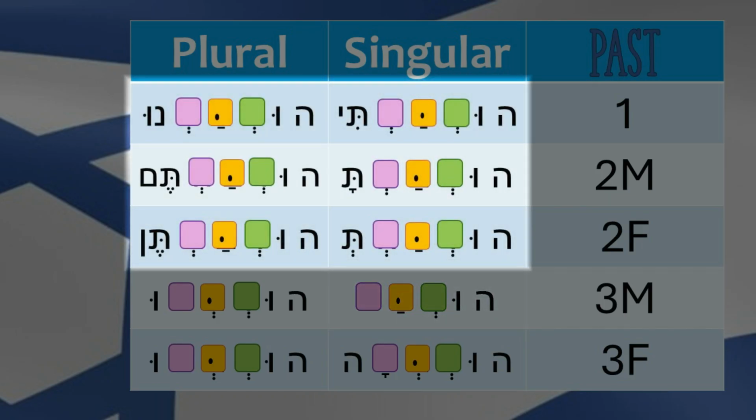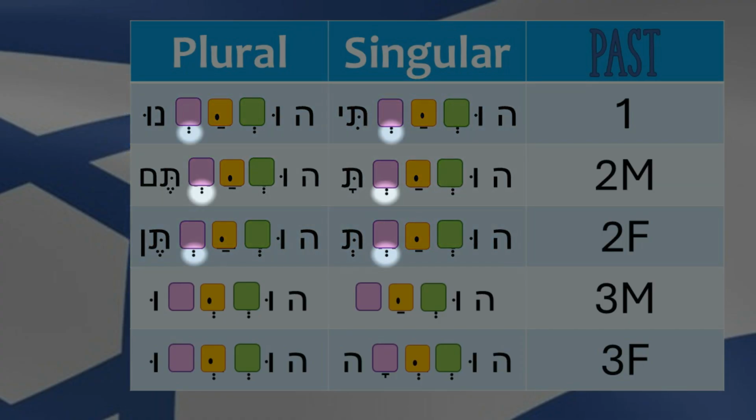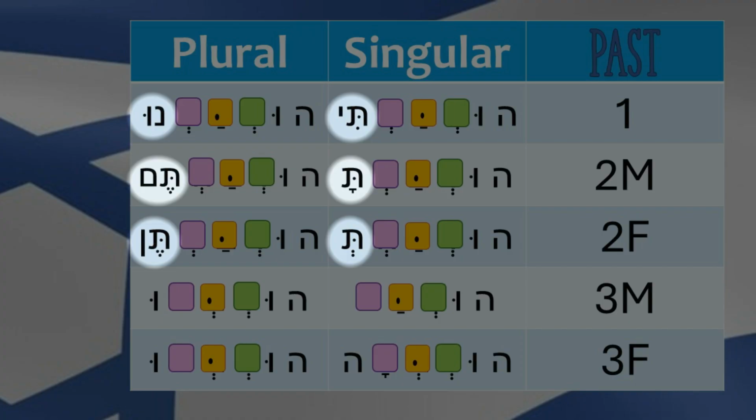But all of the other forms in this big group, so the first person and the second person, singular and plural, they're all gonna get a schwa under the last shoresh letter. And then you're going to put the appropriate suffix to match the subject of this verb. So ti, ta, t, nu, tem, and ten.